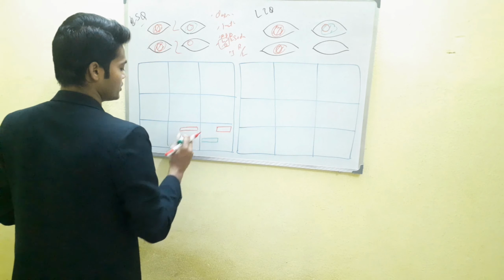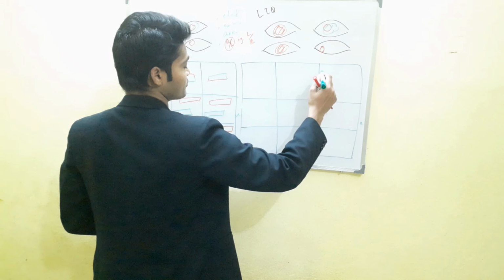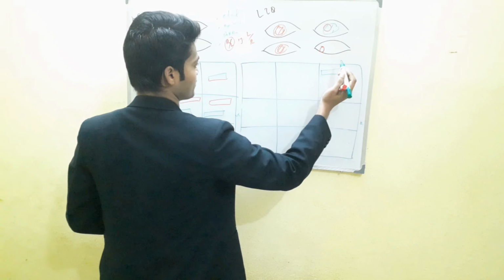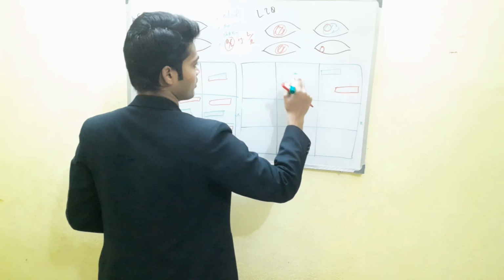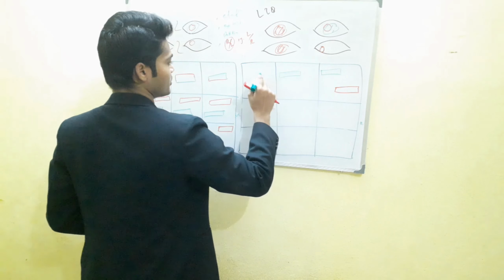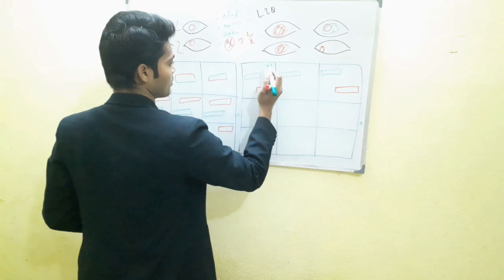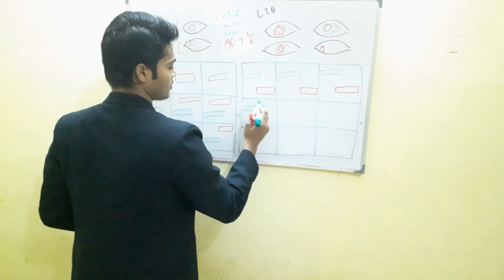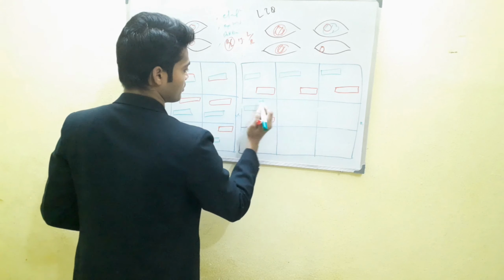So if this is the patient's left side, the left side image is above, the right side image is here, the left side image is here, and maximum separation is here. I think up to this everybody follows. The separation is getting changed in the second quadrant, and here binocular vision is present.